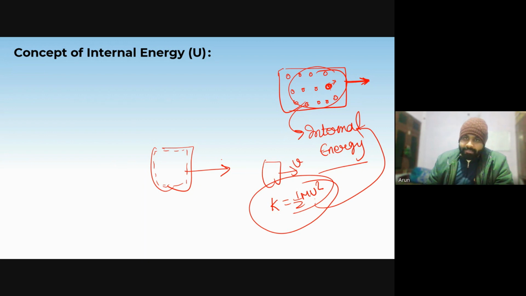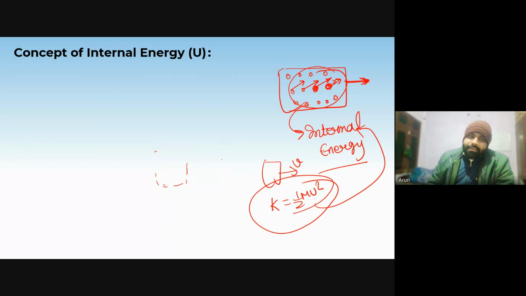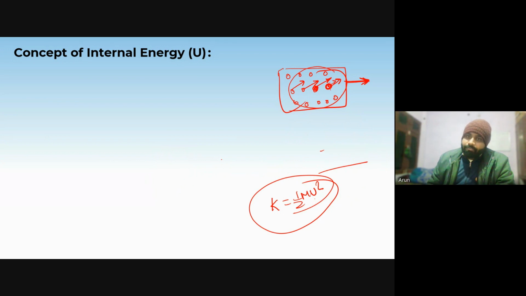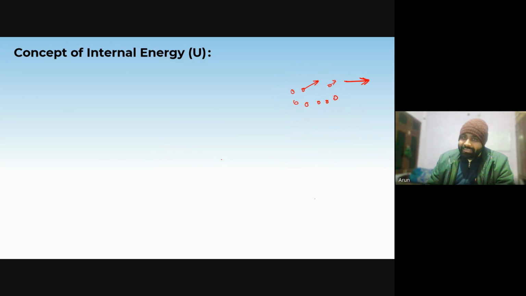If these atoms are accelerated, moving with much higher velocity than before, then we can say the internal energy has changed. But if the system as a whole is moving, the internal energy will not be disturbed. So what is internal energy? It is the sum of all the types of energy possessed by the atoms or particles inside the system. Got it?